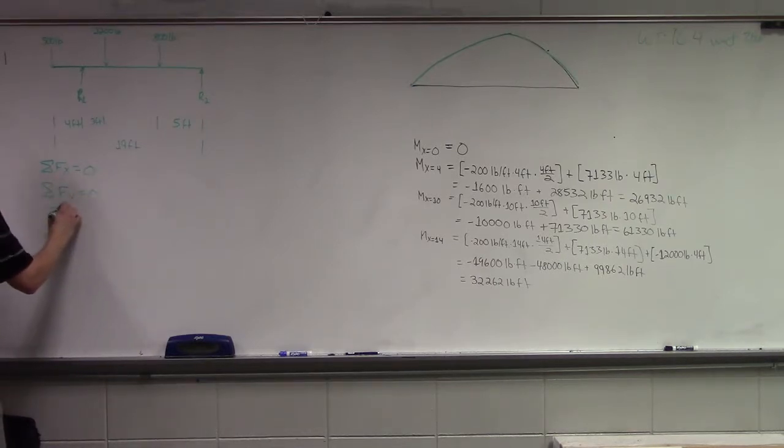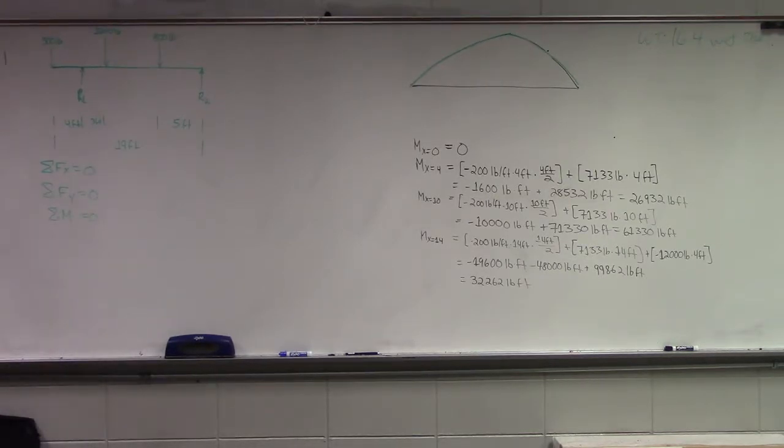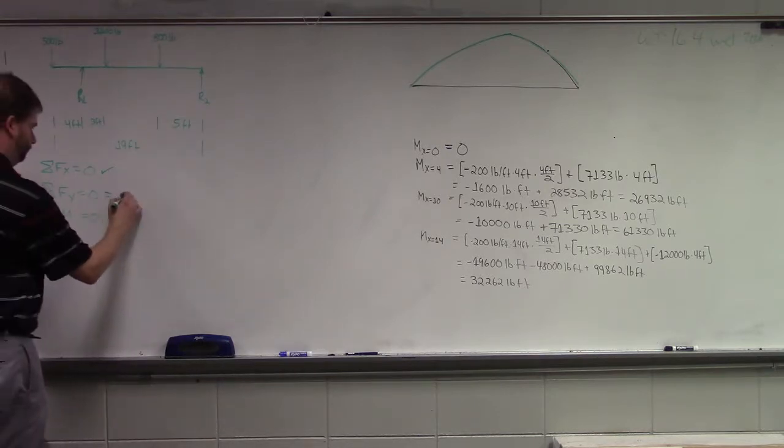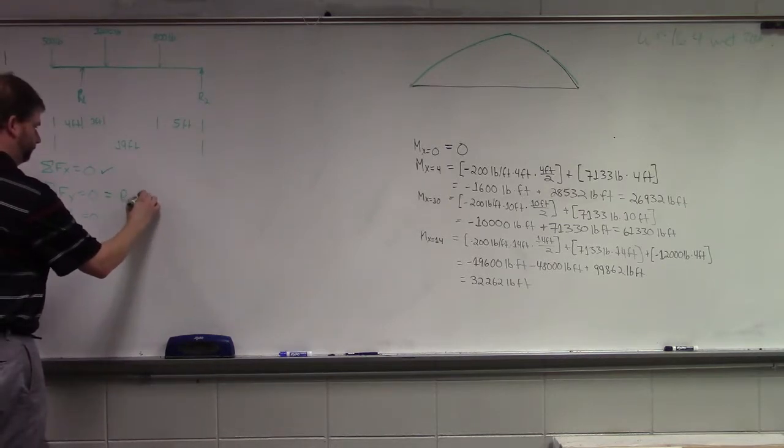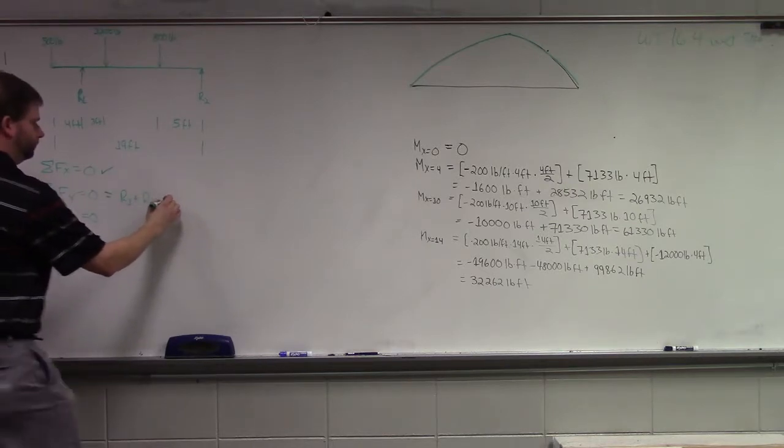Right, so it's determine equilibrium. Do I have anything in the X direction? Nothing's acting in the X direction, right? So we're good. What about the Y direction? 500, 1200, 800, R1 and R2.